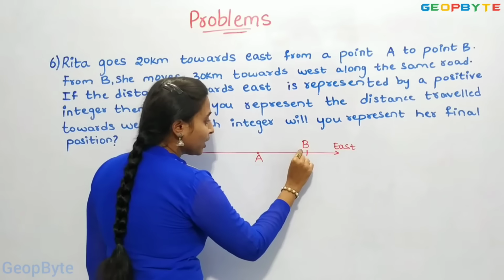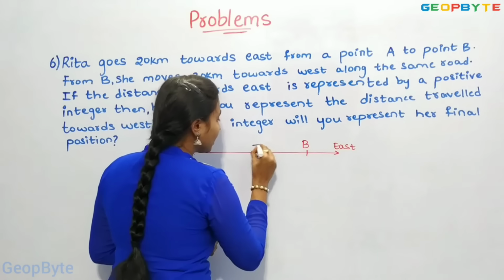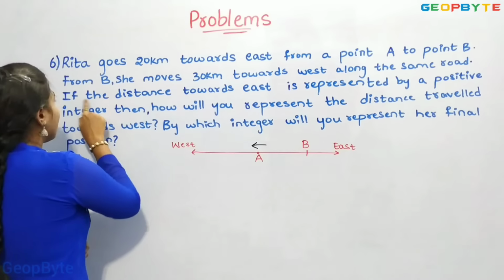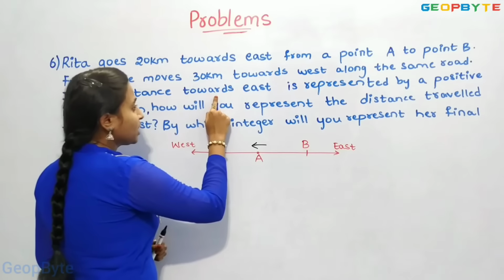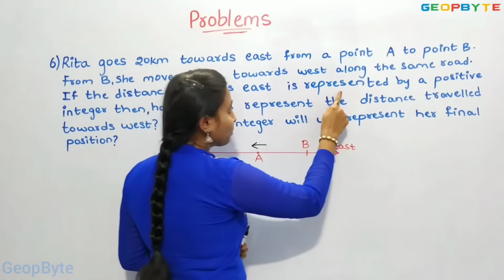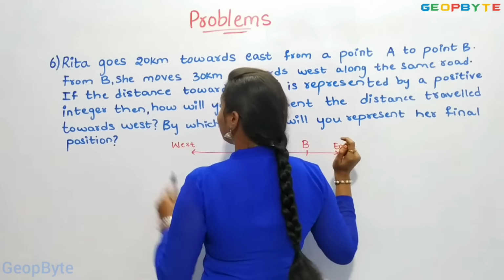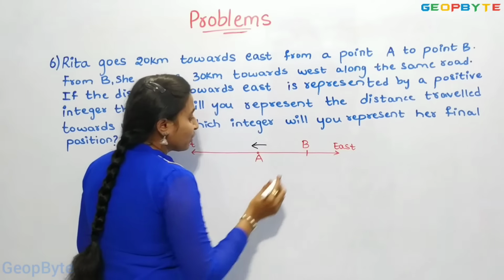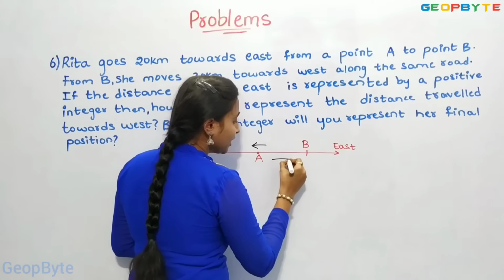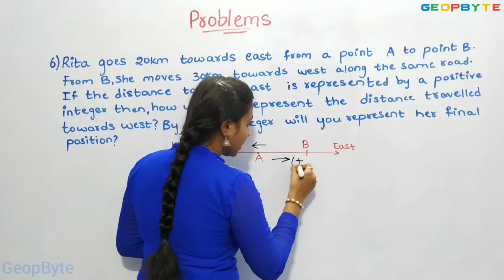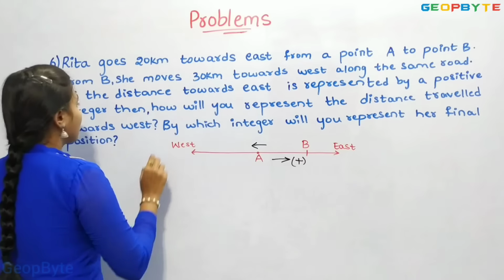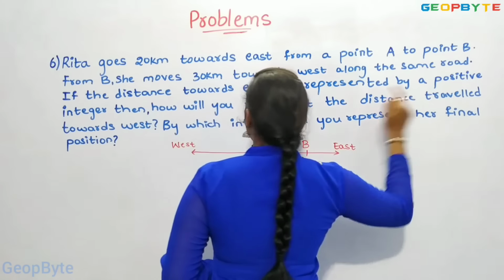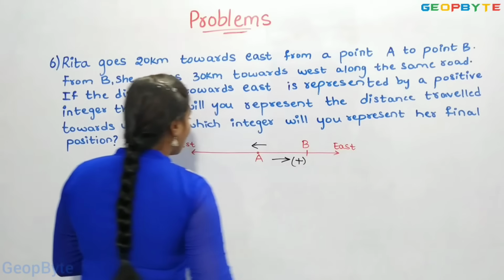If the distance towards east is represented by a positive integer, that is, if we represent the direction towards east as positive, then how will you represent the distance travelled towards west?